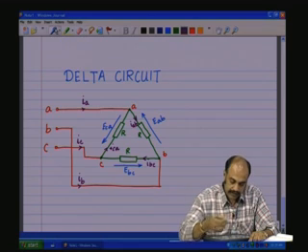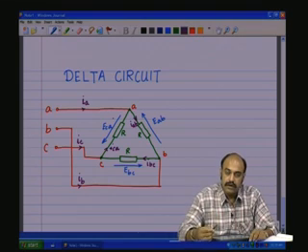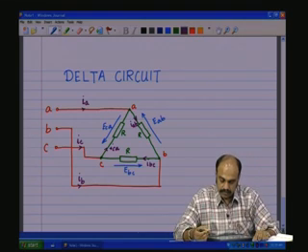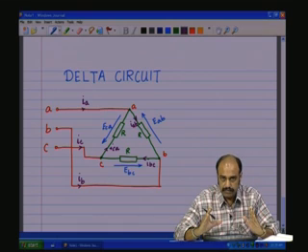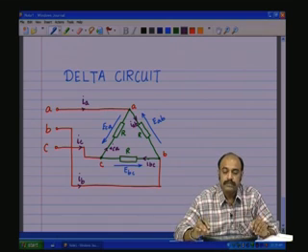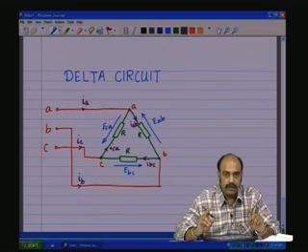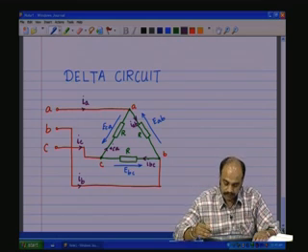So, in the phasor diagram, we first draw the phasor diagram of EAB, EBC, ECA. We know that the line voltages are all having the same amplitude, same effective amplitudes, phasors, but they are all displaced 120 degrees out of phase with each other.